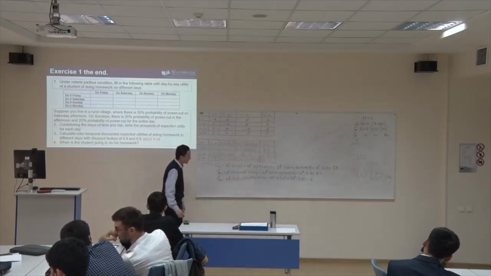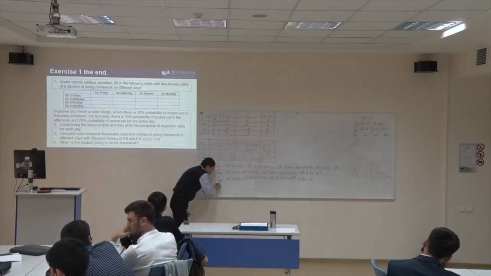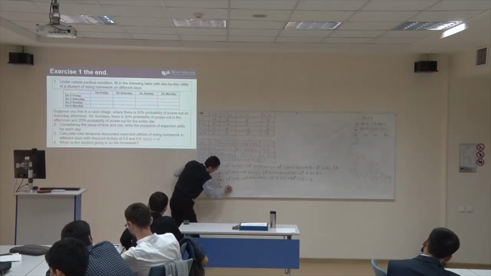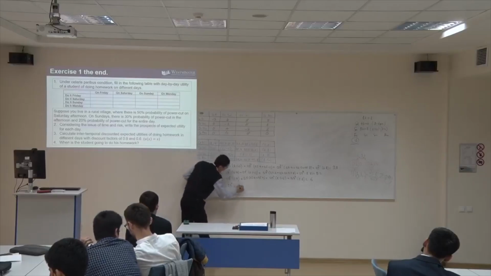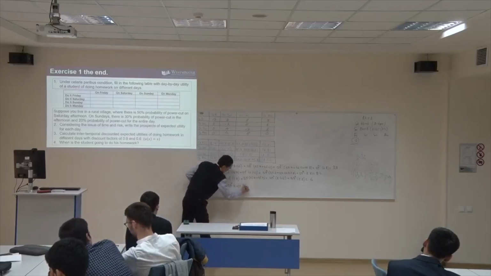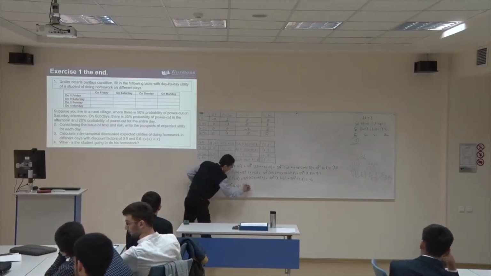Good. And the last one, decision to do your homework on Monday. So 0.9 in the power of 0 times 100% probability of 0 plus on Saturday 0.9 in the power of 1.